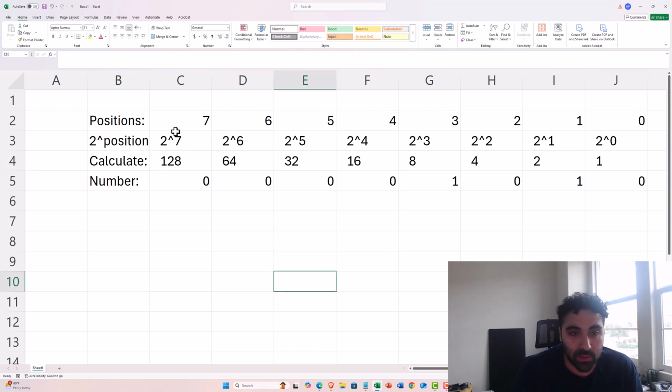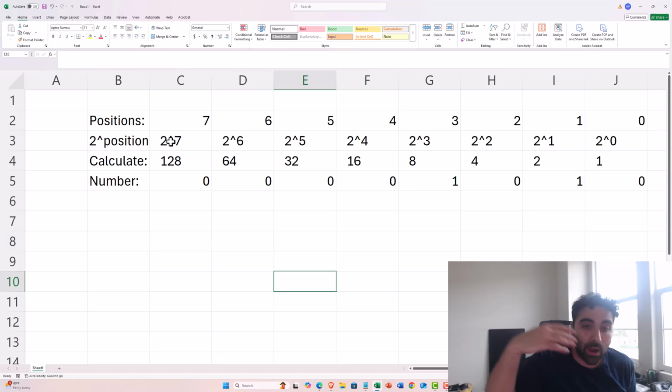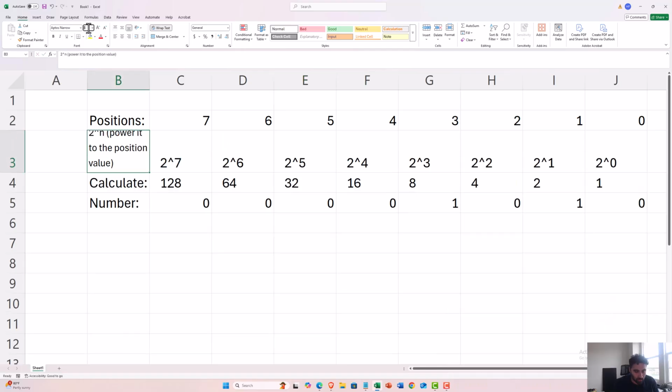So if we take base 2, the reason we use base 2 is because we're using binary, either 0 or 1, and we power it to the position. And then what does that number equal? 2 to the 7 is 128, and so on.